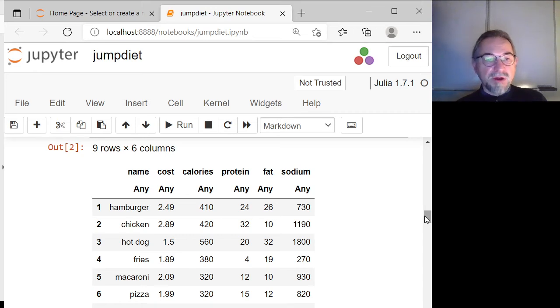We have our 9 foods and four columns that will be used. The second column will be used to define our cost function that we want to minimize. Then we have the constraints defined by the nutrient profile.